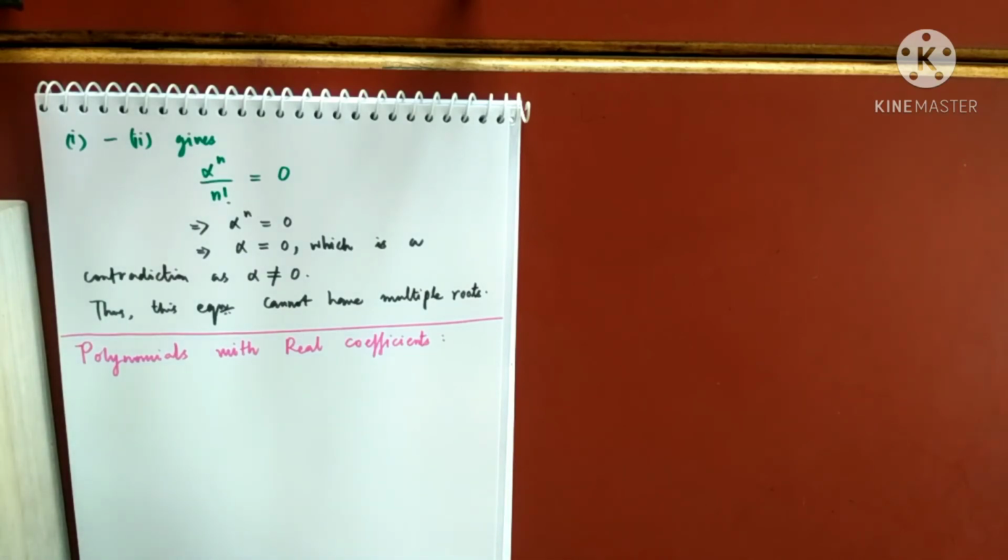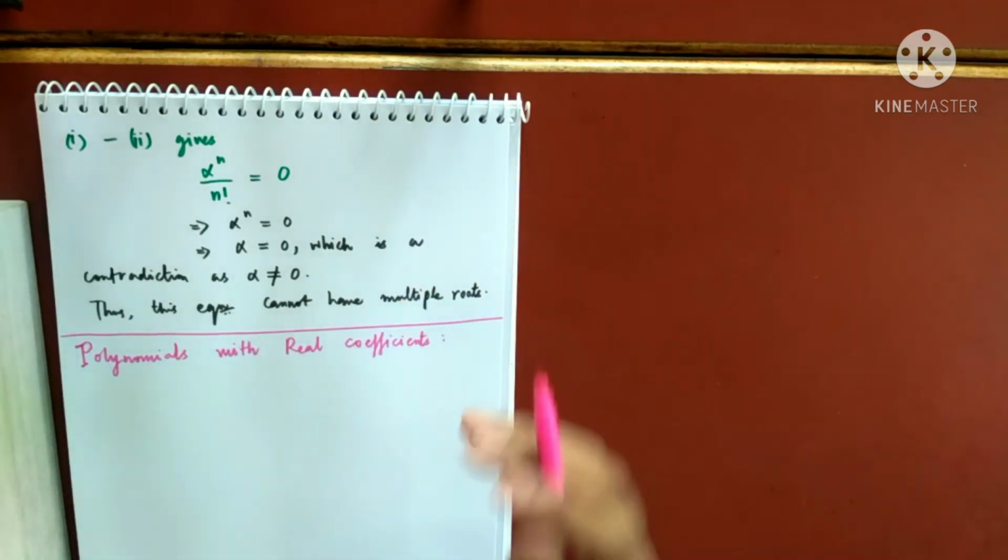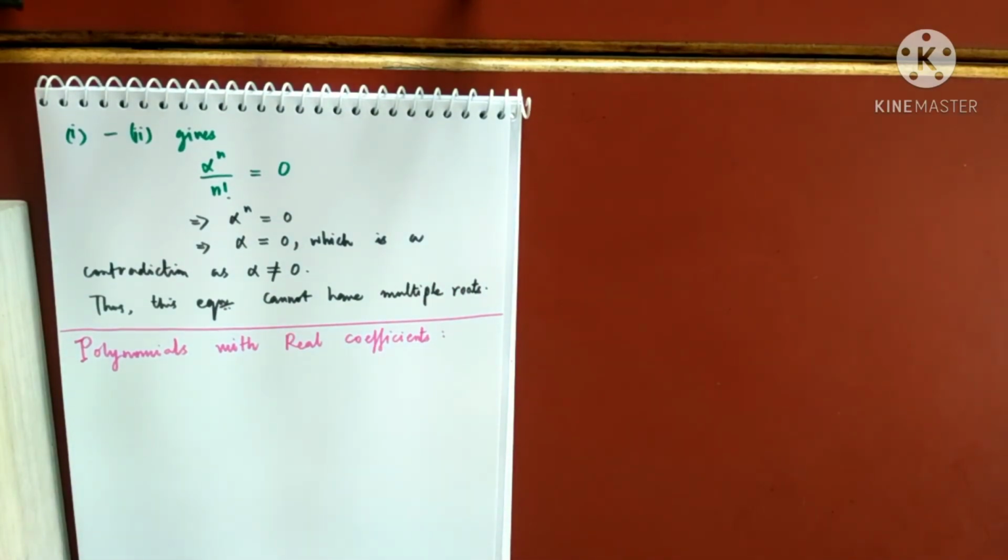You cannot apply these theorems when the coefficients are complex numbers. And I hope you know the meaning of polynomials with real coefficients: all of its coefficients are real numbers, not complex numbers.